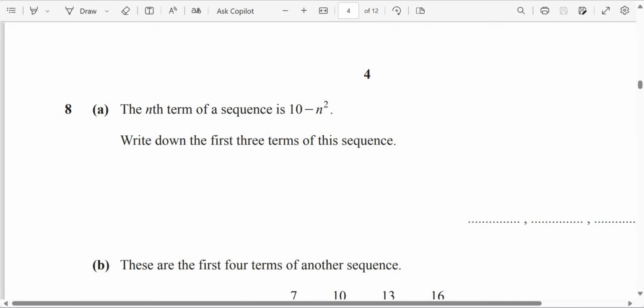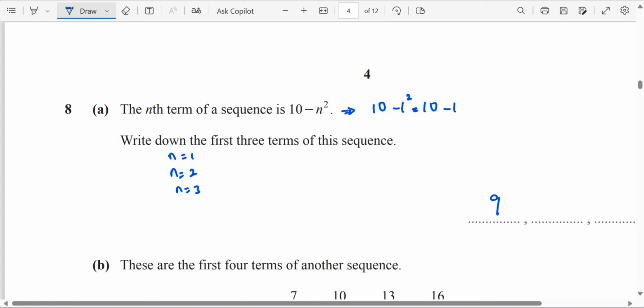Question 8. The nth term of a sequence is this. Write down the first three terms of the sequence. So that means you have to write down the values when n is 1, when n is 2, and when n is 3. So when n is 1, this will give us 10 minus 1 squared, and that's 10 minus 1, which is 9.